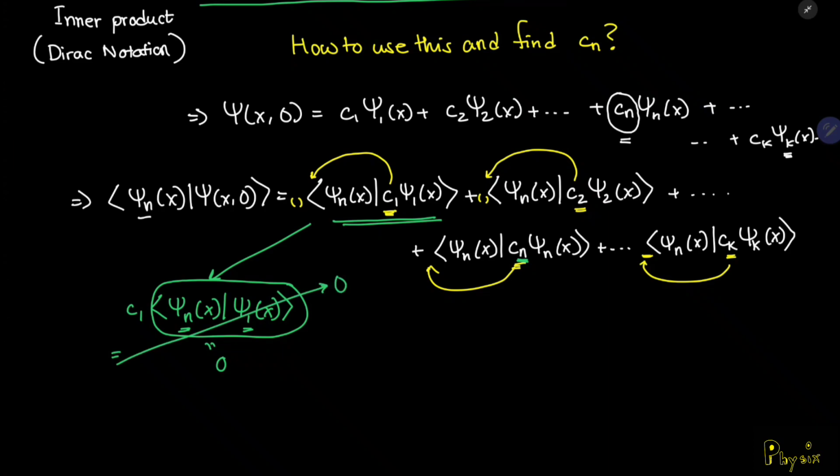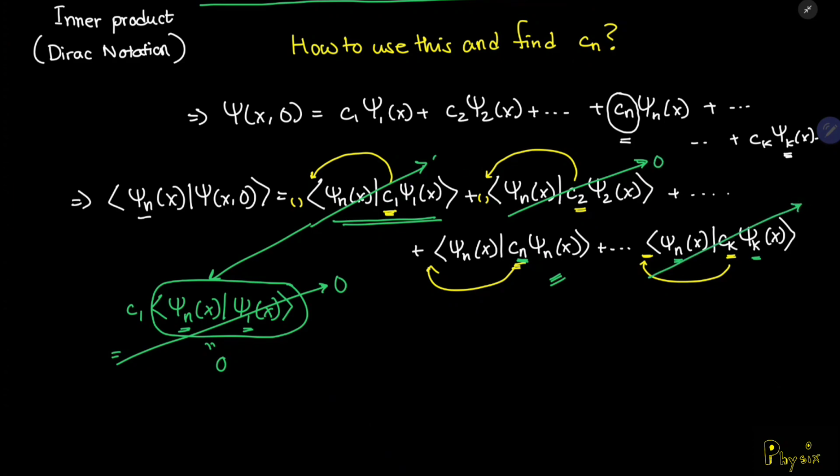And similarly, we could say that all of these other terms on the right-hand side, the first term, the second term, leading up to psi n, all of them, their inner product is 0, right?